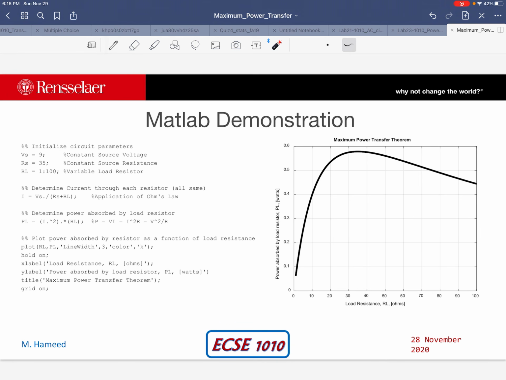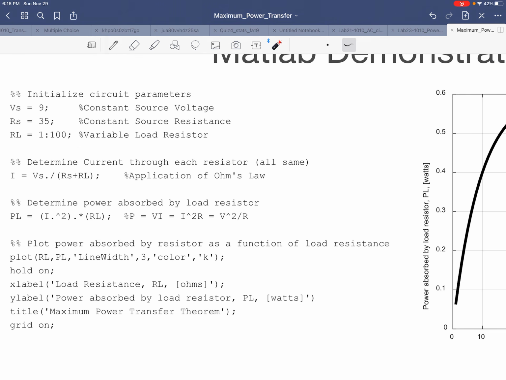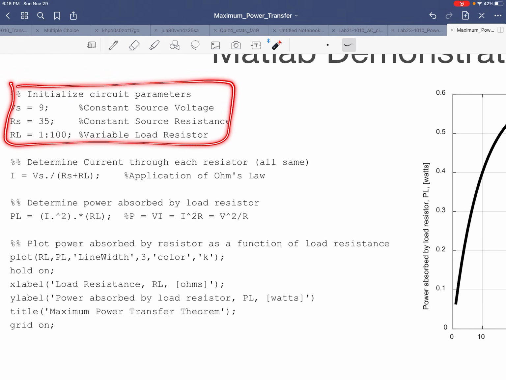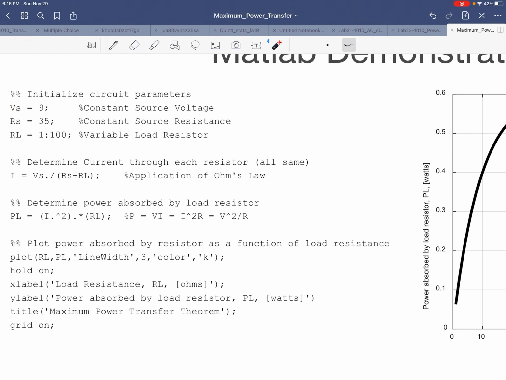What I have over here on the left is a Matlab script, and I will walk you through this very quickly. The first thing I have done here in the first box is I have initialized circuit parameters. So I'm considering a circuit in which I have a 9 volt constant voltage source, which is connected to a 35 ohm resistor, and which is later connected to a variable resistor RL.